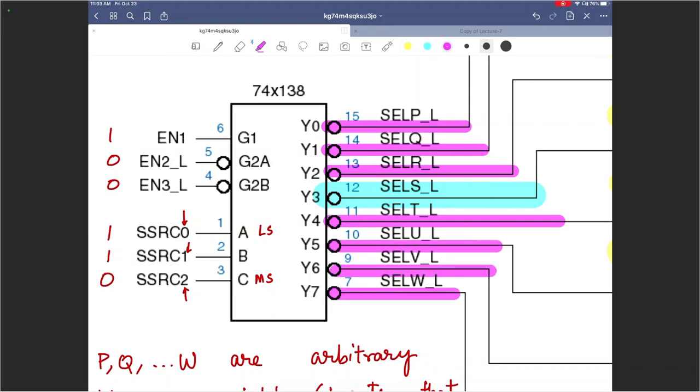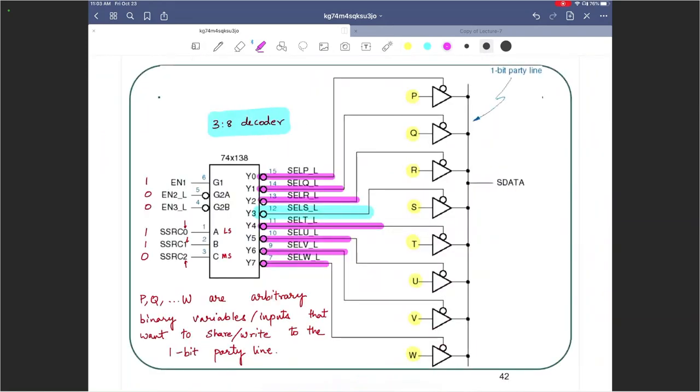You see, the decoder made sure that only one output is going to be active. Now, using this, you tell me what S data is going to be. S is absolutely right.